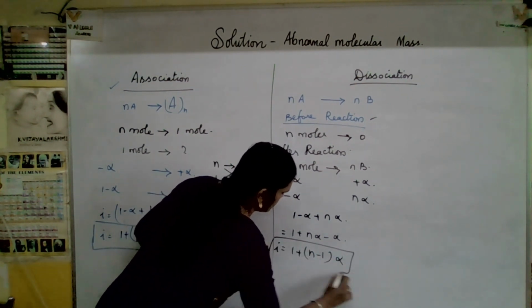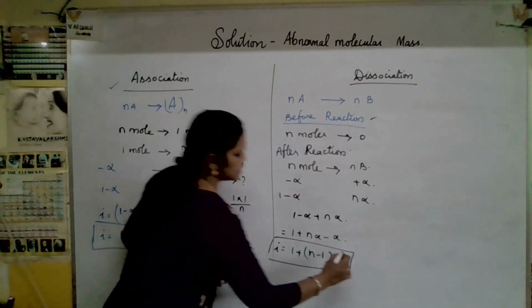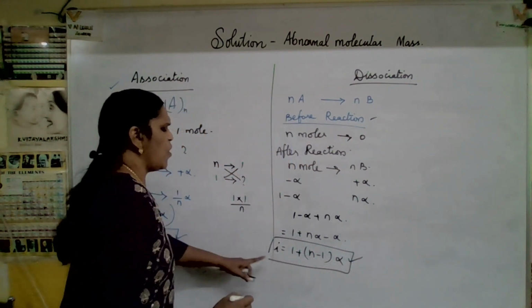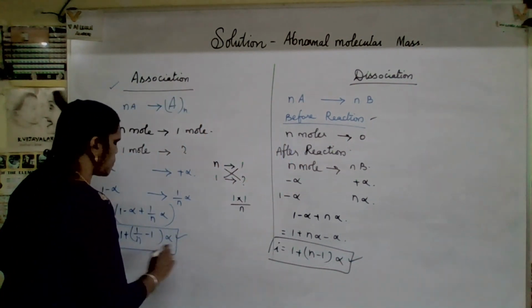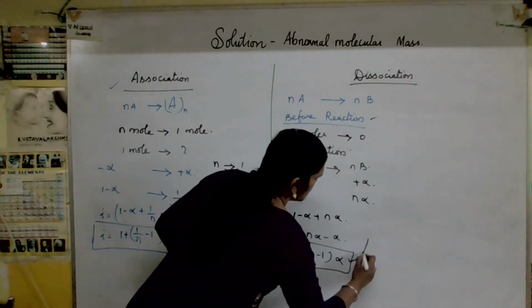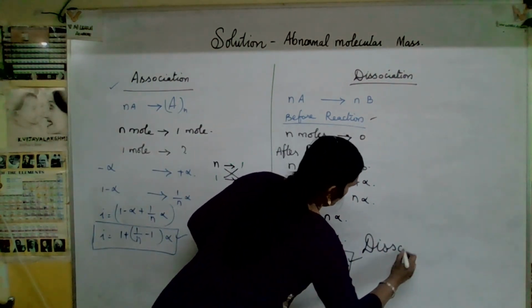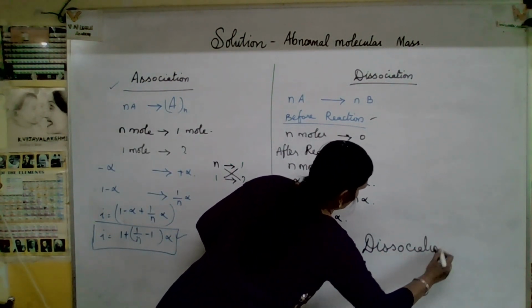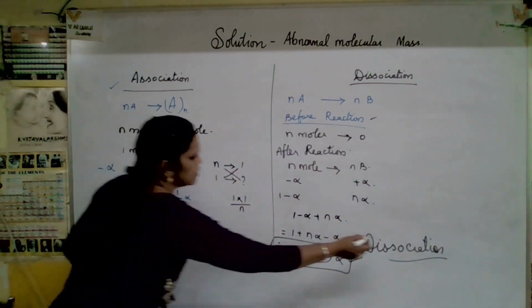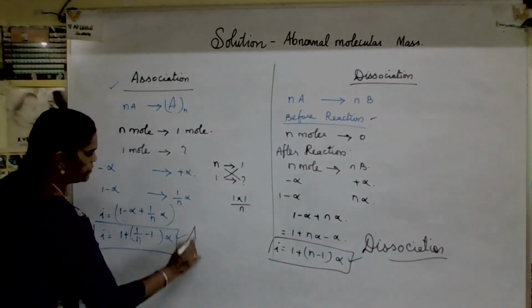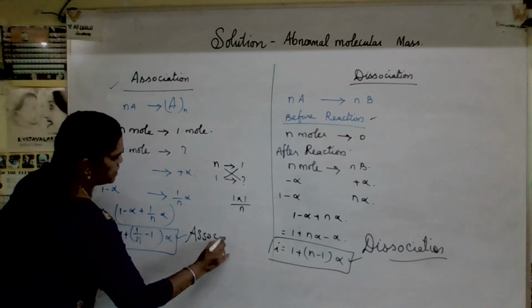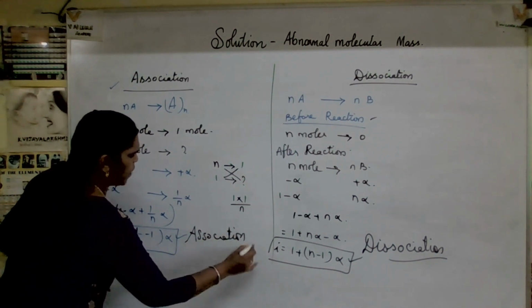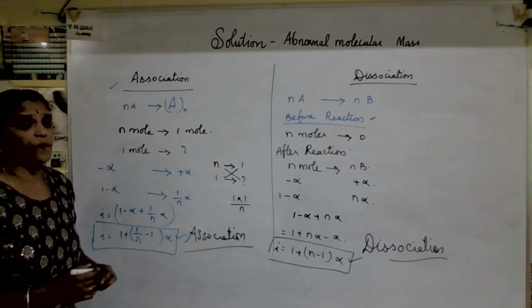Can we write it like this for the dissociation formula? This is for dissociation, and the other is for association.